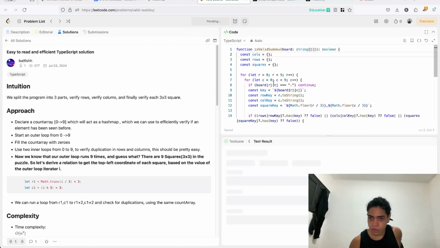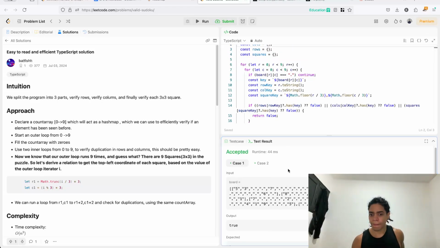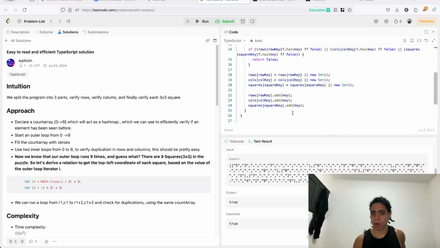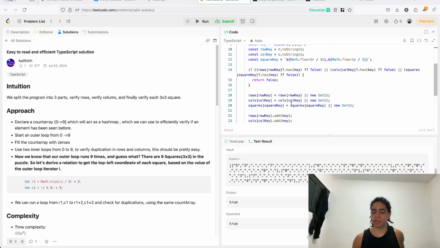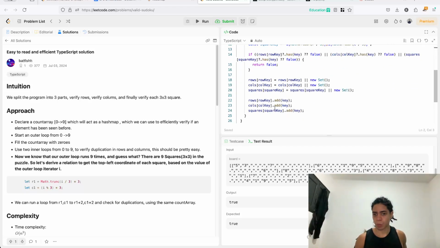So unfortunately we need to actually use a hash and that kind of thing, and a map. Yeah.